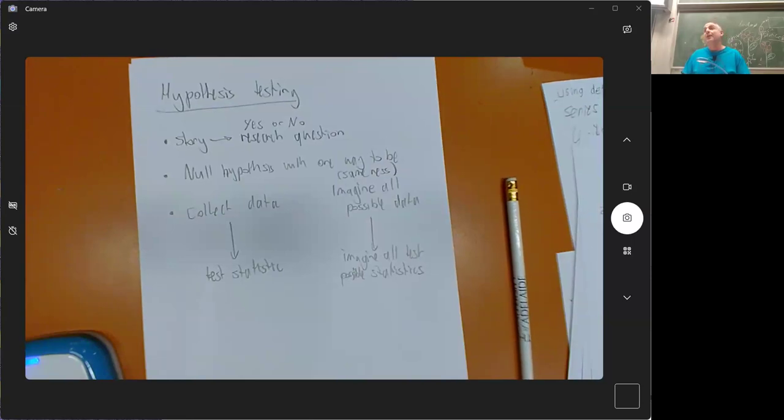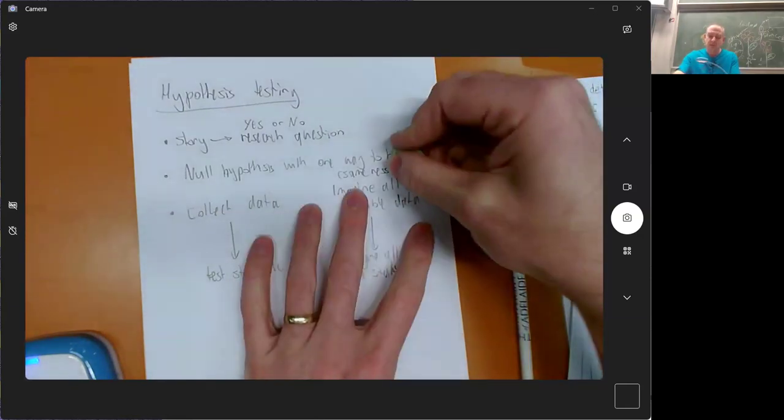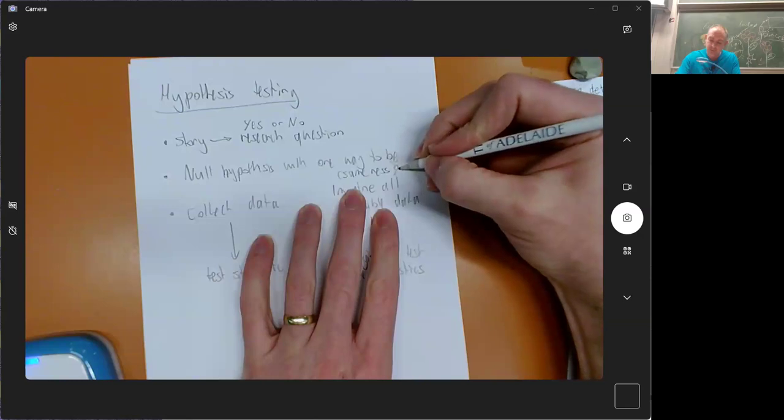There's in fact lots of ways to be related, but there's only one way to not be related. Like if they're not related, then there's only one way to do that, which is to not be related. And so if your question is, is there a relationship? The null hypothesis is no, there is no relationship. So I just want to say that. Sameness or no relationship.